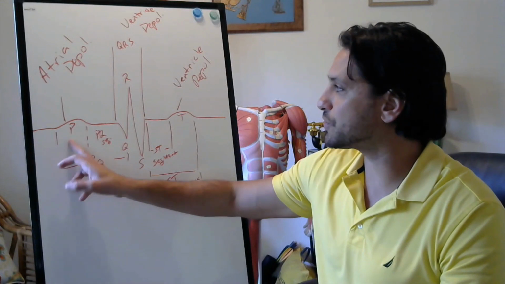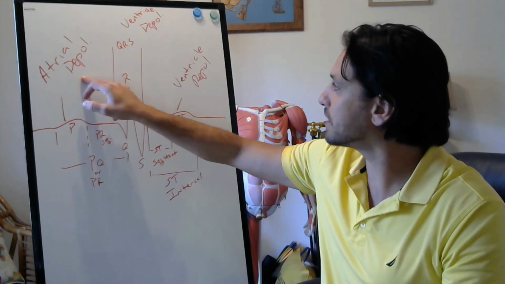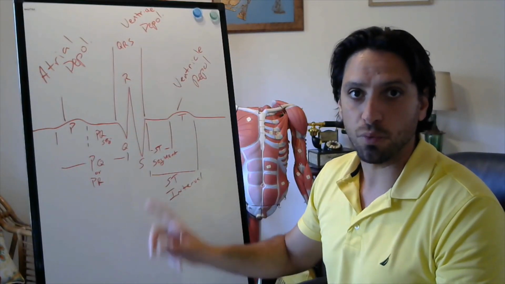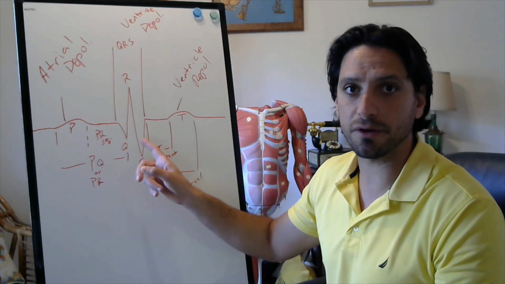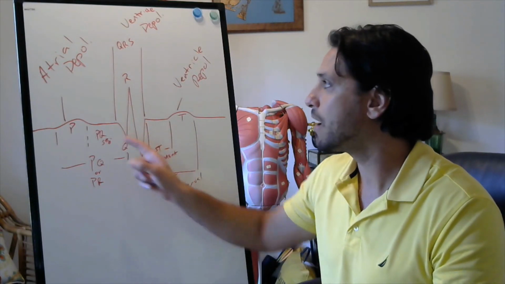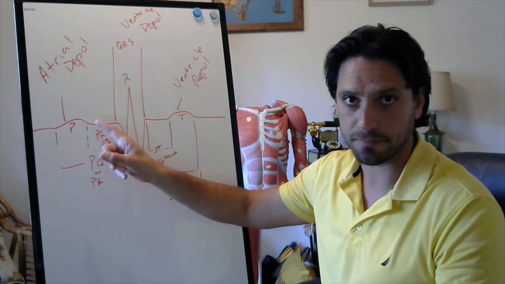One thing that we don't see is atrial repolarization, and that's because it's hidden behind the QRS, okay? When ventricles are depolarizing or contracting, at that same time, the atriums are relaxing and repolarizing, okay?